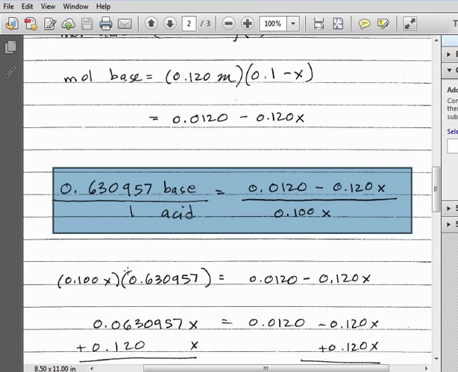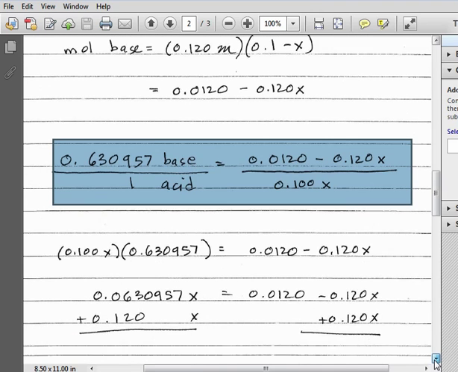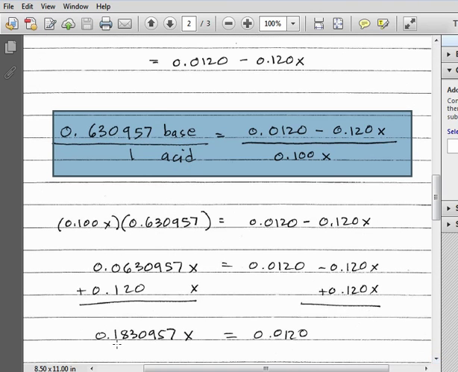Then I multiply these two values together. 0.1 times 0.630957 is 0.0630957x. And on this side, I cannot simplify any further, so I'm going to add 0.12x to both sides. When I do, I get 0.1830957x is equal to 0.0120.